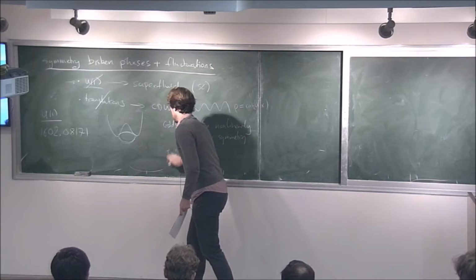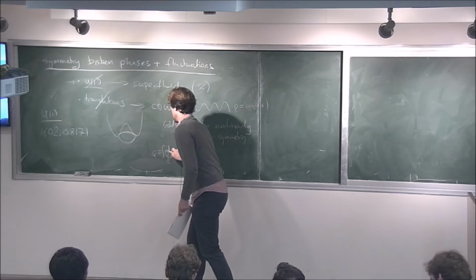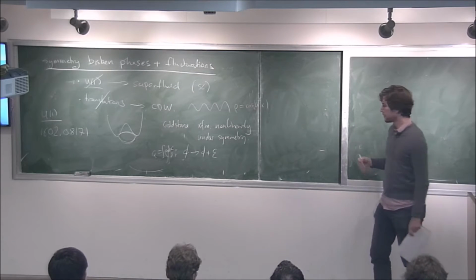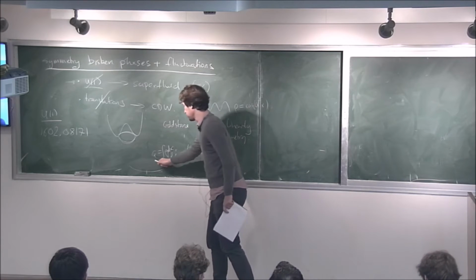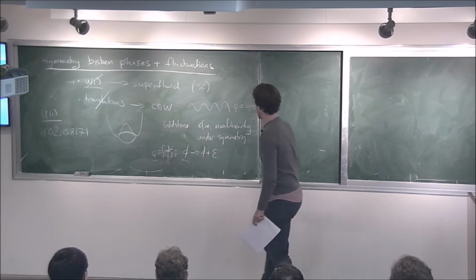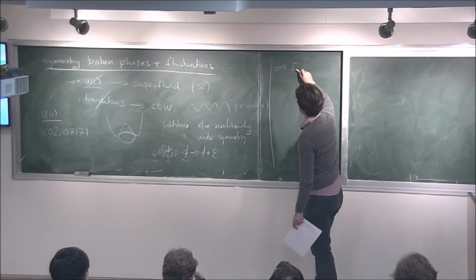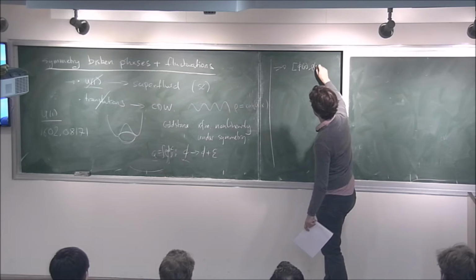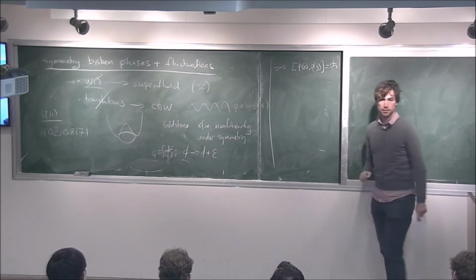Q, which is the integral of rho, generates the U(1) symmetry. And because this generates the symmetry, and phi shifts under the symmetry, it follows that a Goldstone boson has a commutator with the charge density, which is just i h bar.